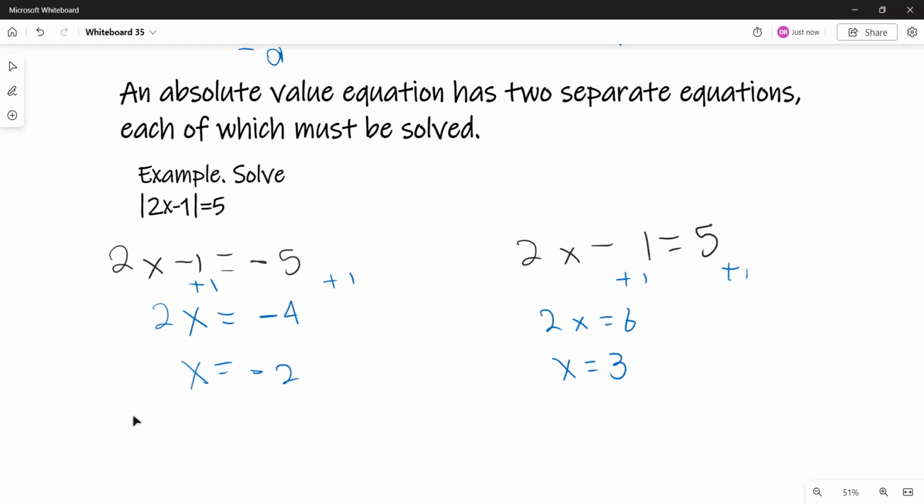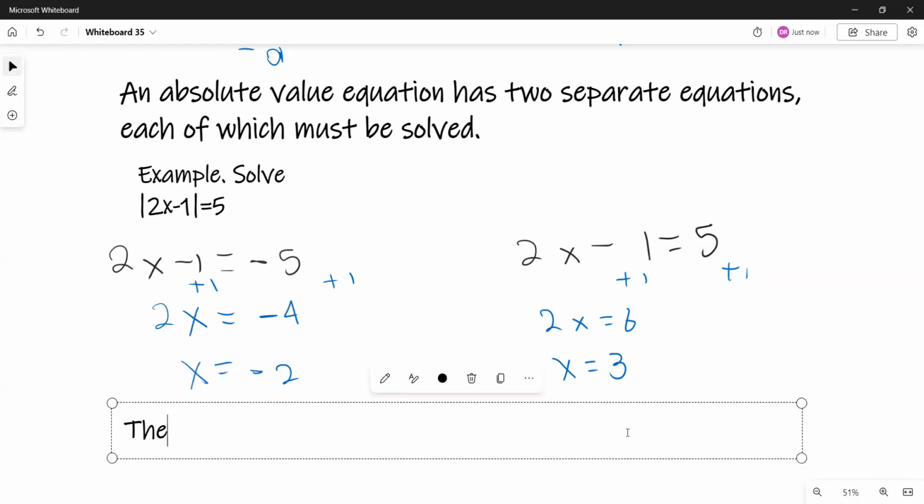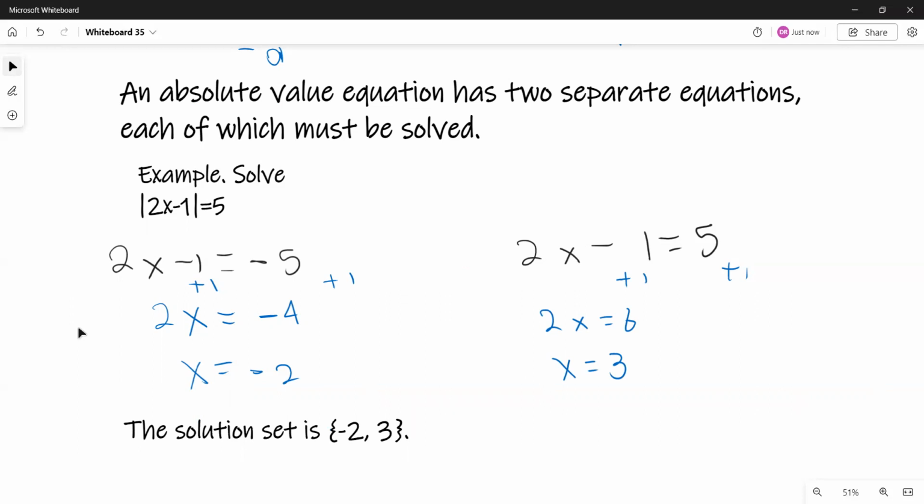So the solution set consists of two numbers, or two solutions. The solution set is negative 2, 3. There are two values that are solutions of this absolute value equation.